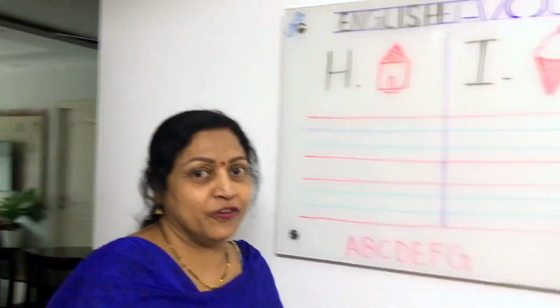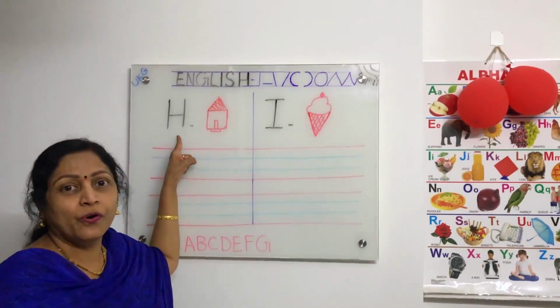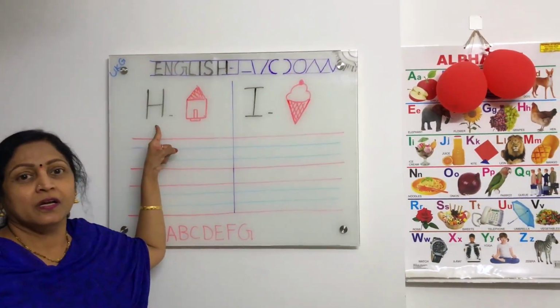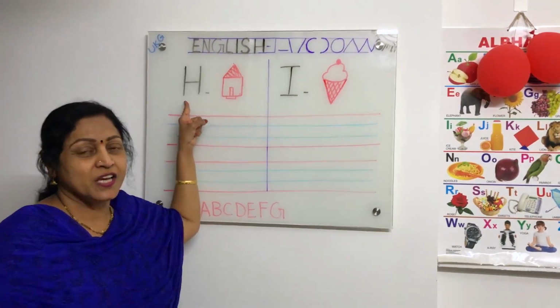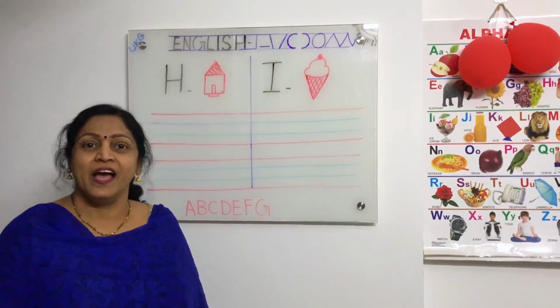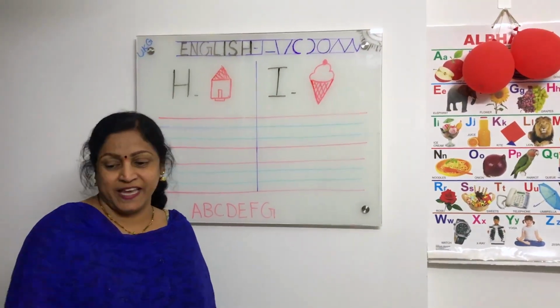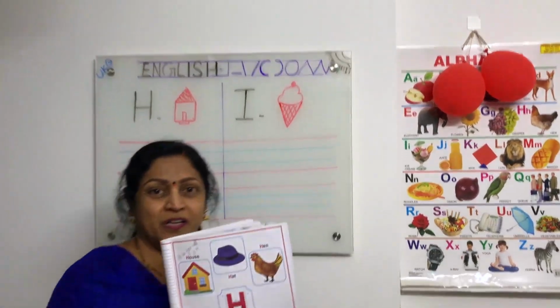Now, I will tell you how to write the letter H, related pictures of the H, and what is the sound of the H. Ready children? See in the textbook.